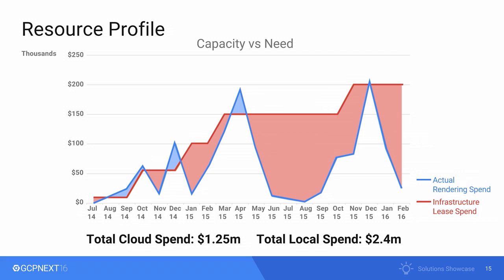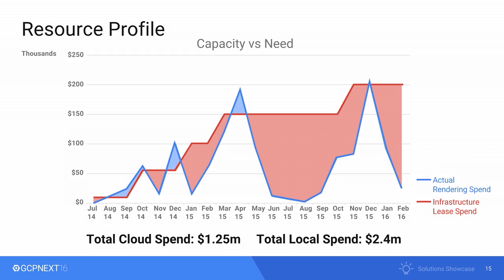This is an important graph. It illustrates the financial challenges typical of rendering needs in the visual effects industry. So as an example of a medium-sized visual effects studio, the jagged blue line represents Atomic Fiction's actual work profile and relevant spend for compute resources. The red line represents the typical resource profile for a growing visual effects company that's investing in on-premises resources.